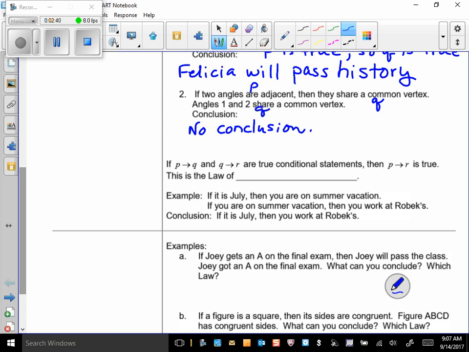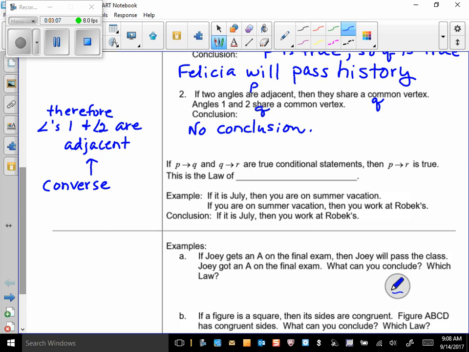And what I will go ahead and tell you right here is that if you were to draw the conclusion, if we say angles 1 and 2 share a common vertex, therefore angles 1 and 2 are adjacent, that is what would be known as a converse error.